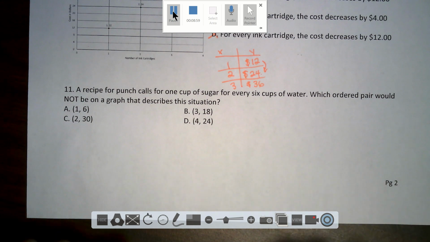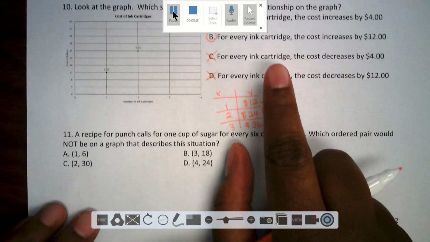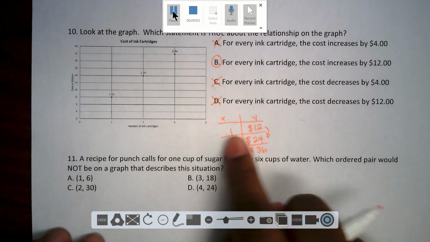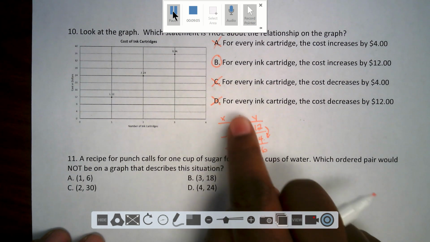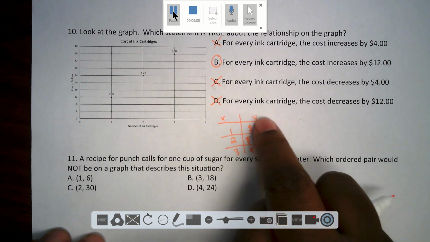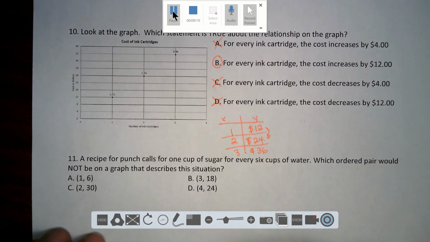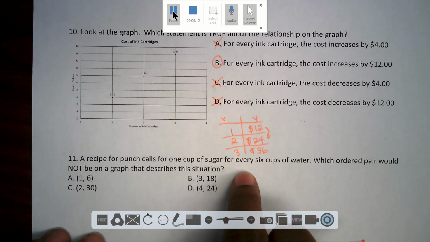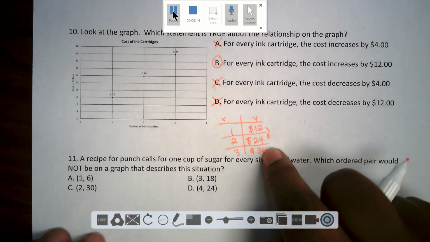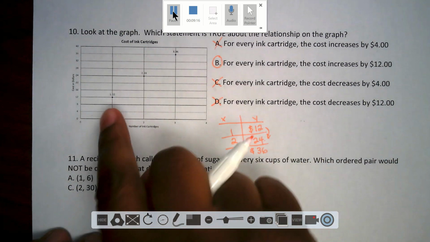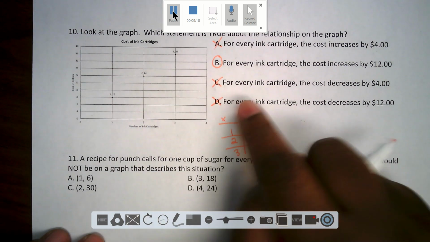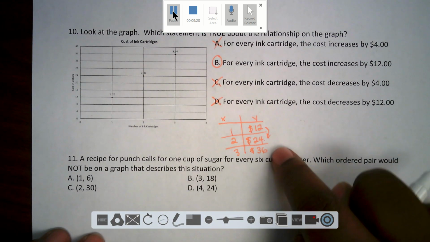Remember how in this graph here, we had a table of equivalent ratios? 1 going to 2 times 2, 12 going to 24 times 2. 1 going to 3 is times 3, 12 going to 36 is times 3. So it's saying that these points are all equivalent ratios.